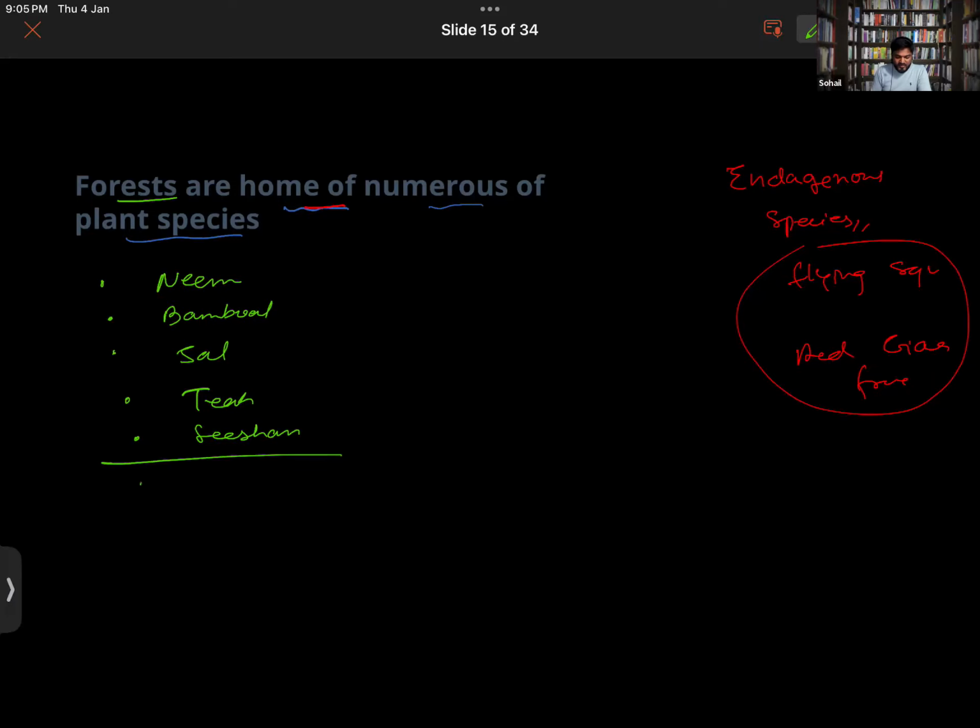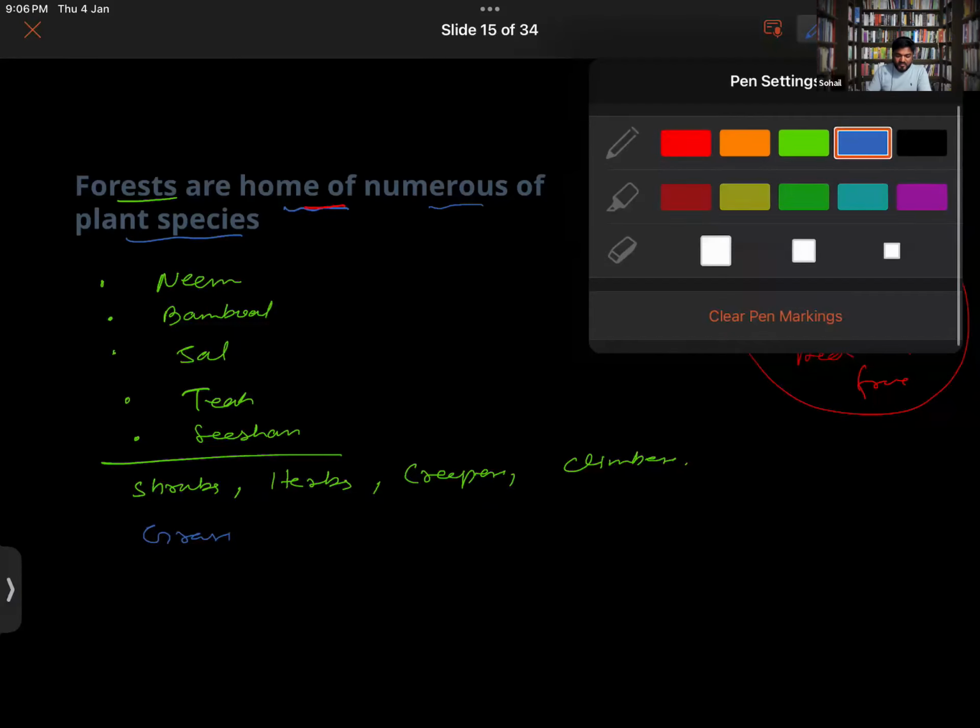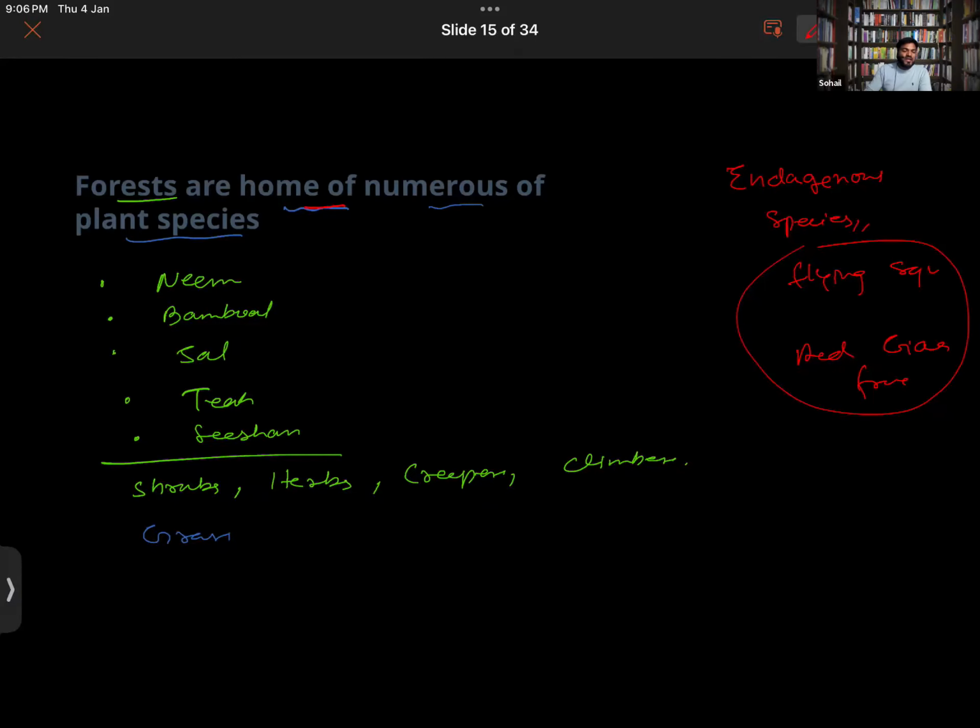Then apart from that, you have shrubs, herbs, creepers, climbers, and grasses. All of them form part of the forest, and together they form an environment that is beneficial to human beings as well as to other animals.